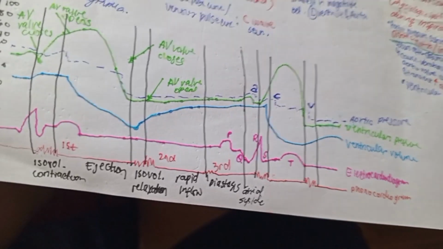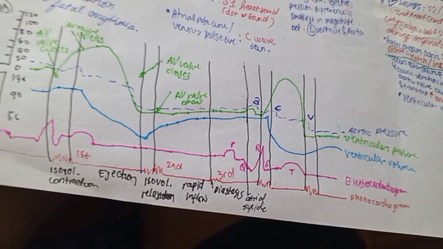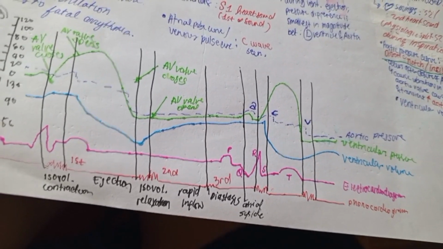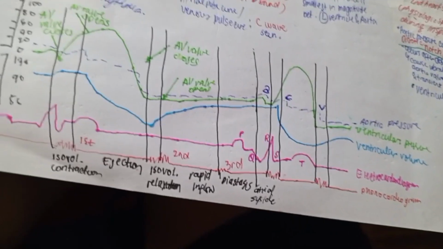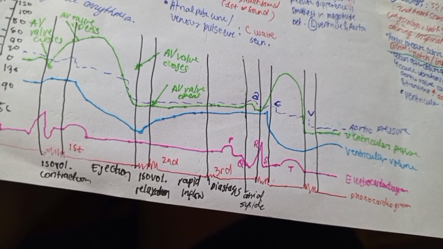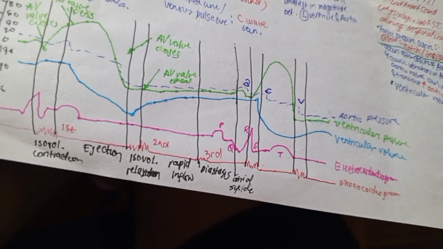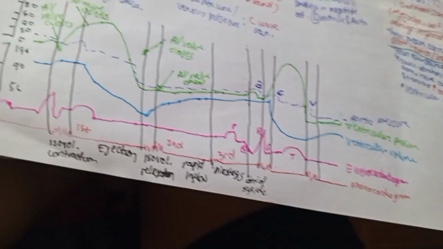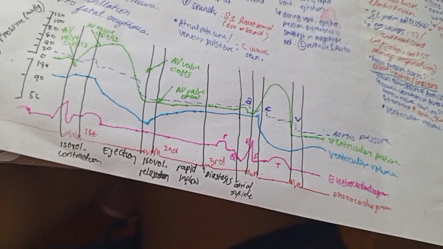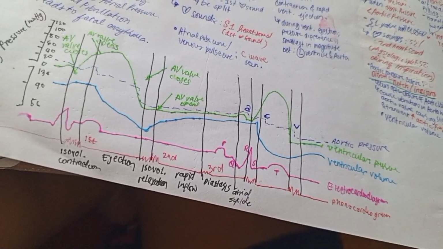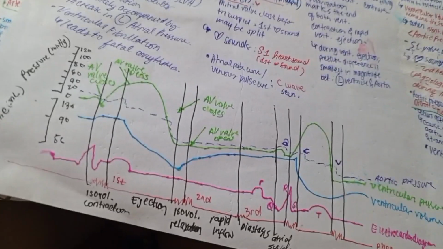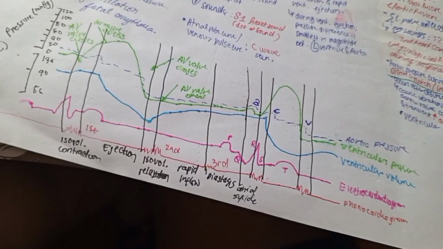The ventricular volume remains the same, and the ventricular pressure is greater than the atrial pressure. The AV valves, the mitral and tricuspid valves, will close, and the first heart sound can be heard. And the C wave can be seen in the atrial pulse curve, or venous pulse curve. So here is the C wave.